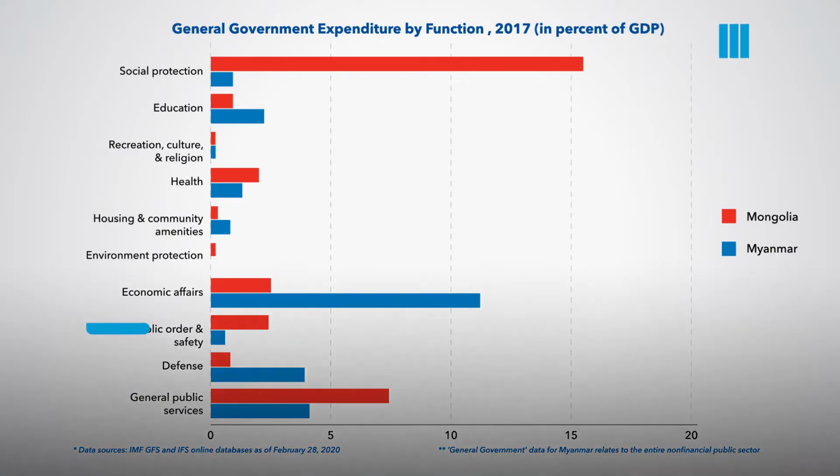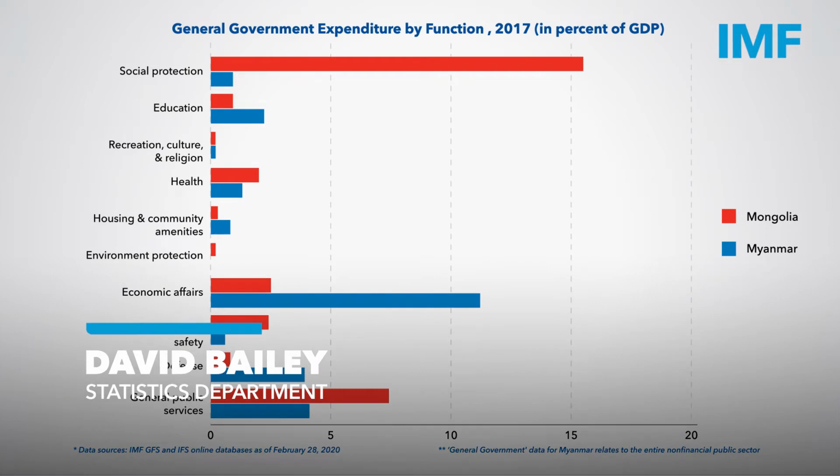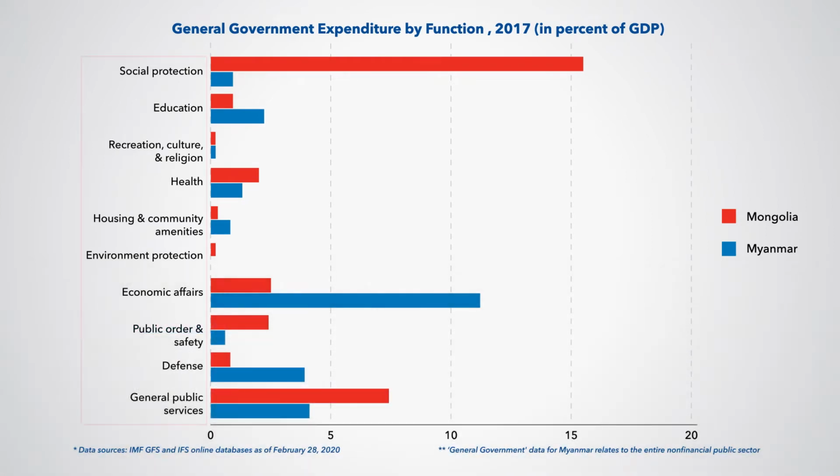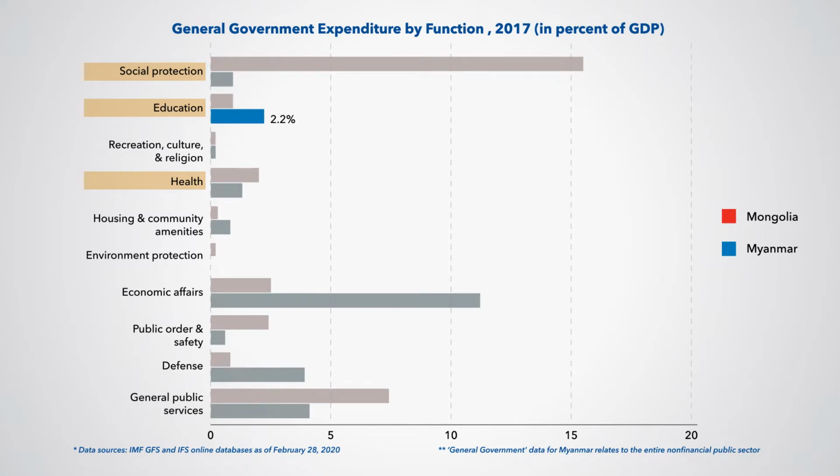A practical way to compare the levels of expenditure across countries is to express the various categories in terms of GDP. For example, if we wanted to know how much Myanmar spent in 2017 on education, health and social protection compared to other countries, we would express those components as education, 2.2% of GDP, health, 1.3% of GDP, and social protection, 0.9% of GDP.